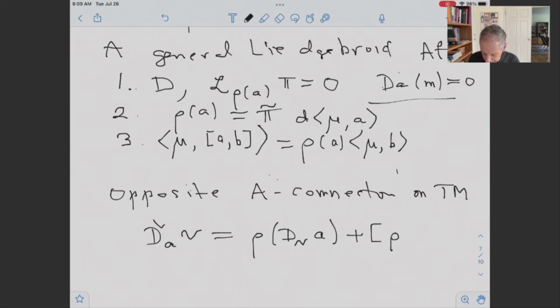And in this case, we corrected by the vector field bracket of rho of A with V.